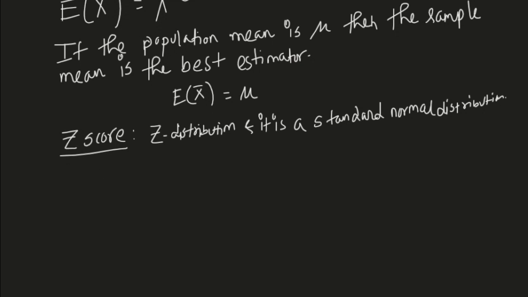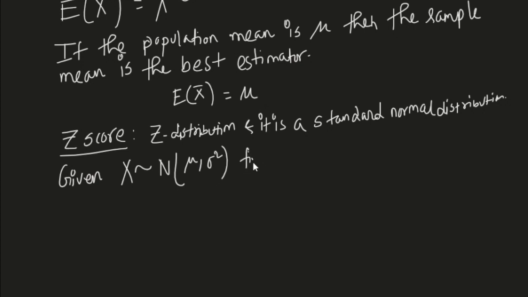So let me give you an example. Given x is a random variable following a normal distribution with parameters mu and sigma squared.